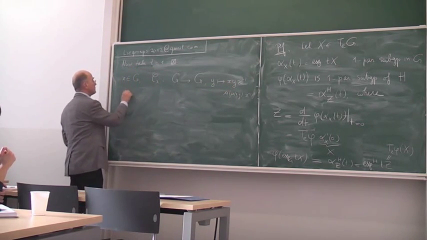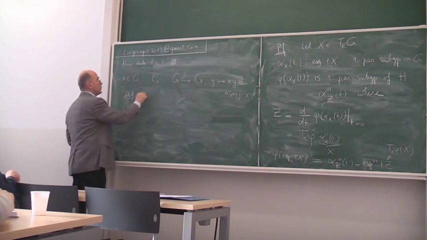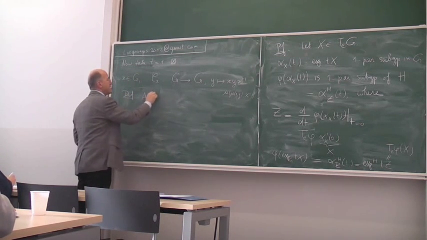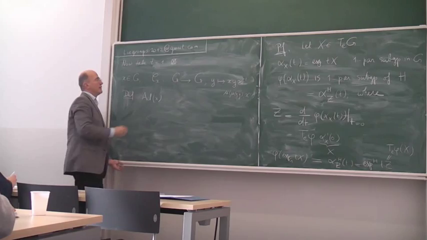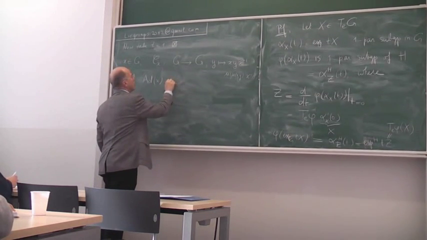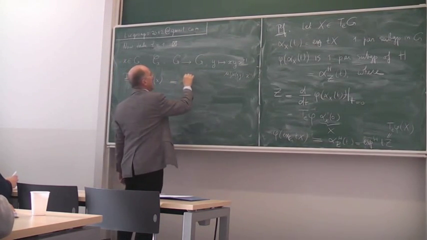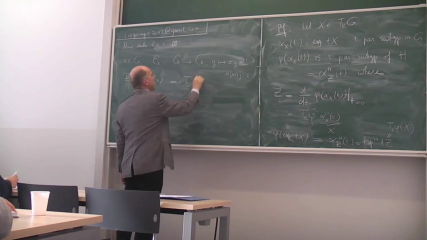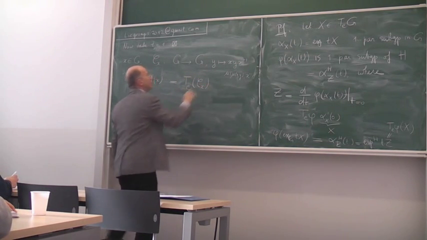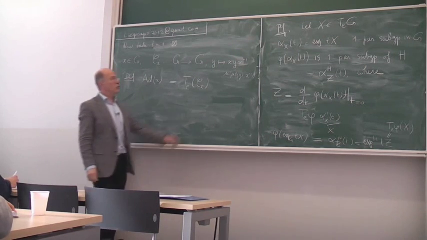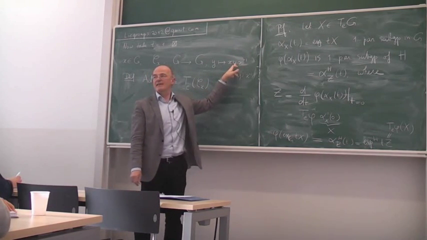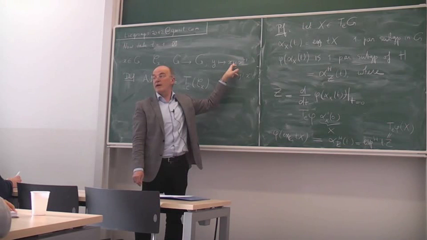Definition: we define Ad of x to be the tangent map at the identity of c of x. So basically what we're doing is we're taking the derivative at the identity element with respect to this variable. Right?